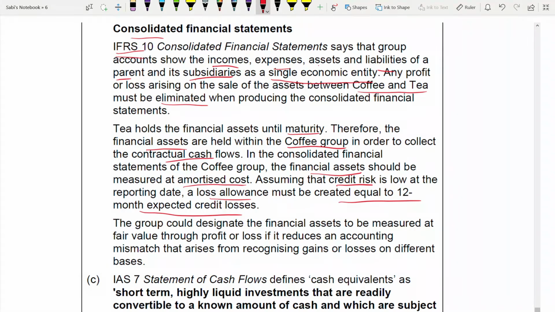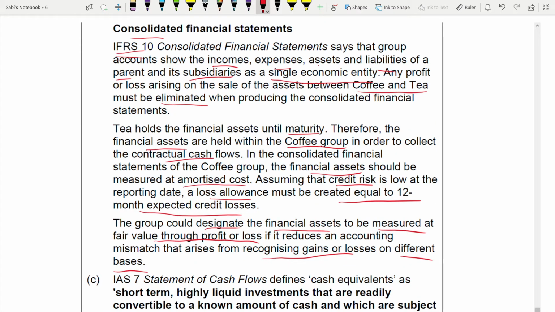So the group could designate the financial asset to be measured at fair value through profit and loss. They can designate this, the group, if it reduces an accounting mismatch that arises from recognizing gains and losses on different bases. For example, your gains are in profit and loss. So you can say it's better to measure the financial asset at fair value through profit and loss, because the gains are recognized in profit and loss.